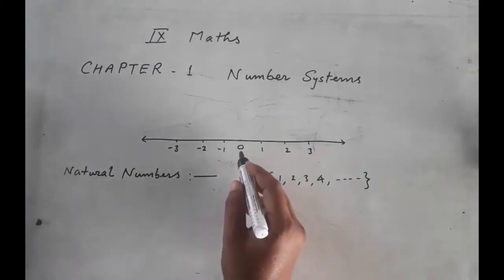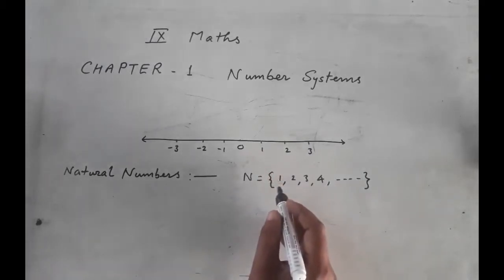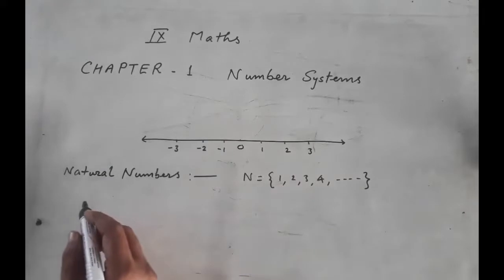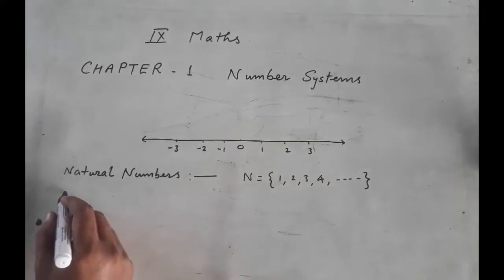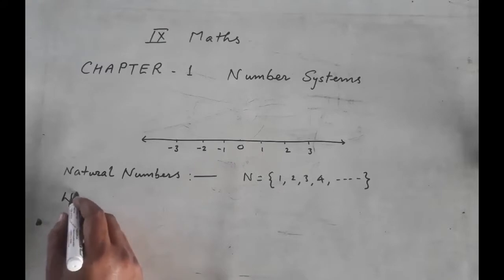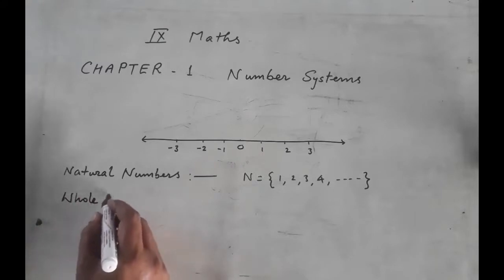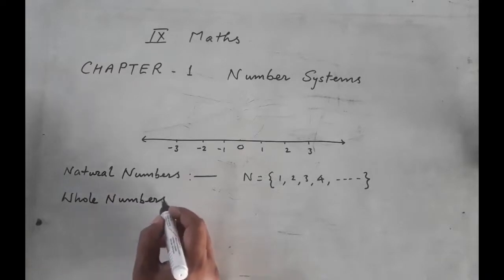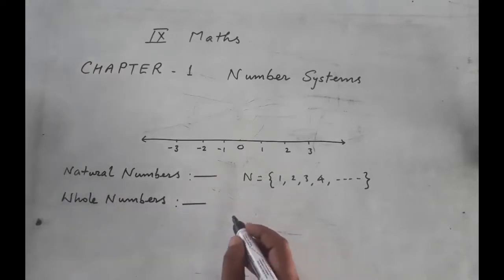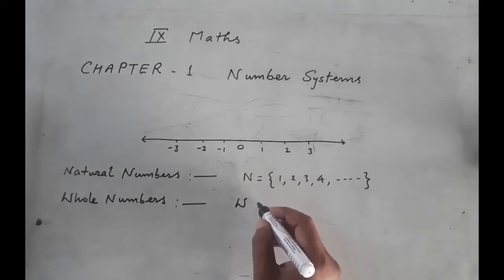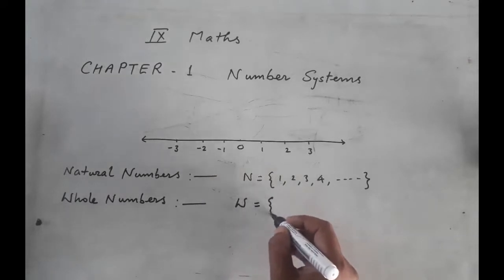If we include 0 in natural numbers, that is called whole numbers and it is denoted by W. Whole numbers are denoted by W. And what is W?